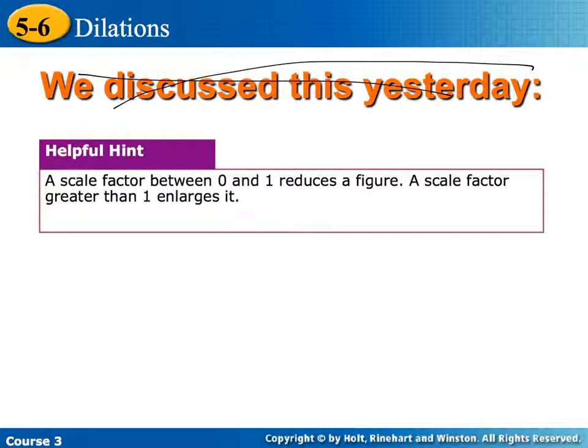It says a scale factor between 0 and 1 reduces a figure. It gets smaller. Scale factor bigger than 1 enlarges it. It gets bigger. Okay, so if you want to write that down, that might be helpful just so you can quickly check your work. All right, moving on.